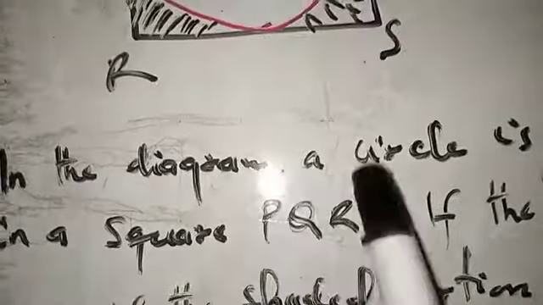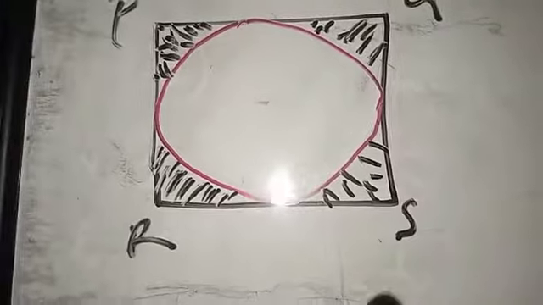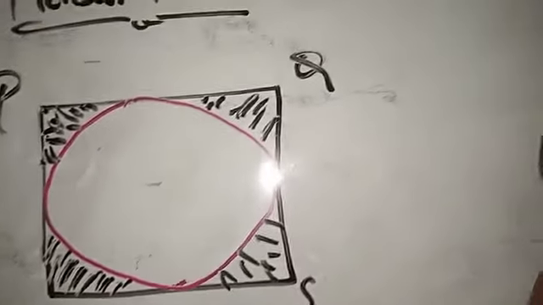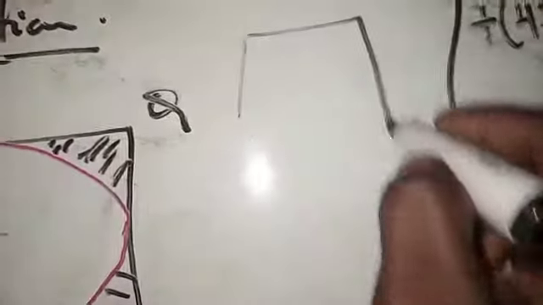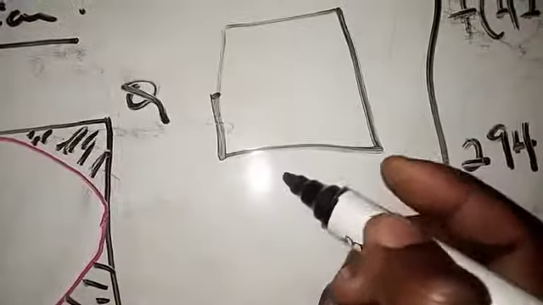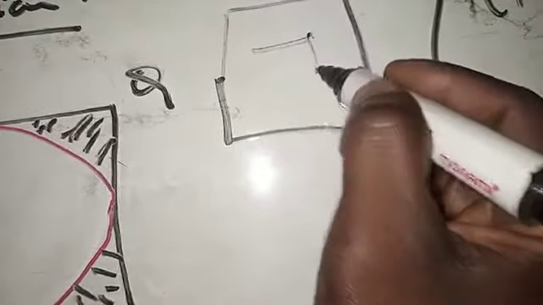As I said earlier, we have the circle inside of the square. You can just imagine this to be an apartment or a room. Assuming this is the room, you have a portion where you can place your wardrobe.